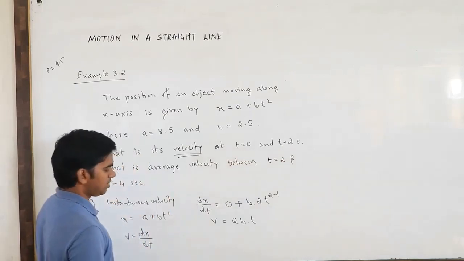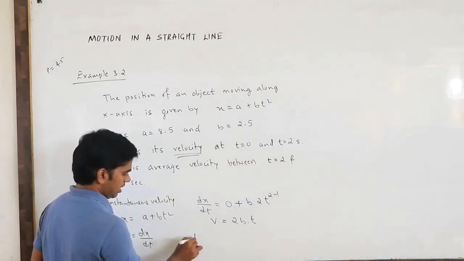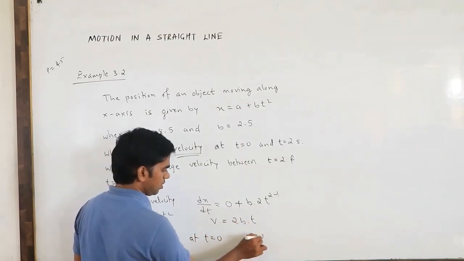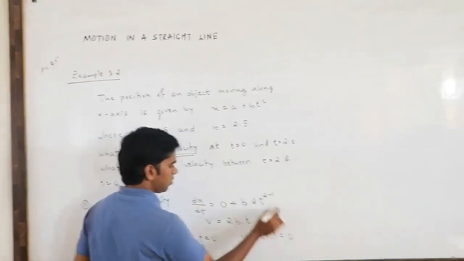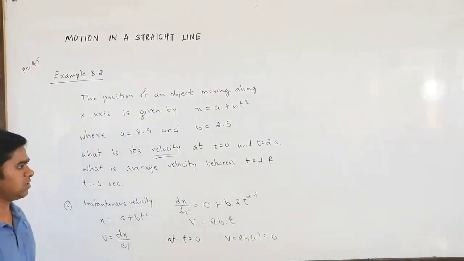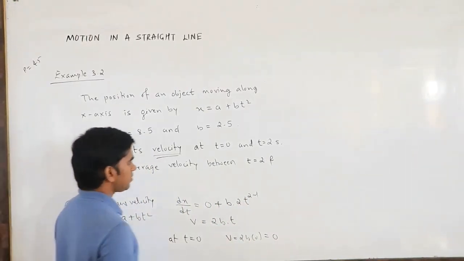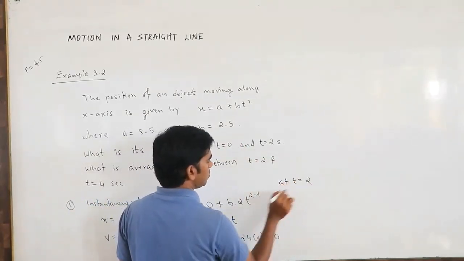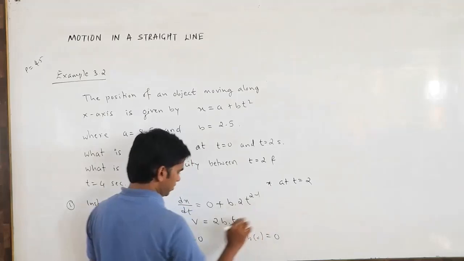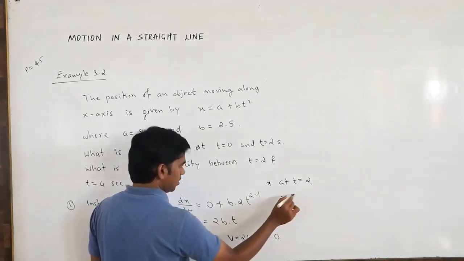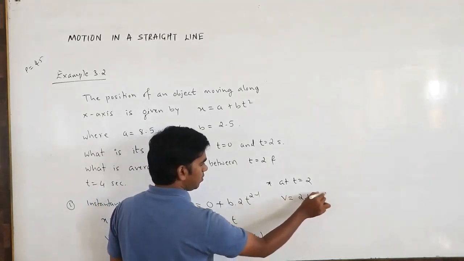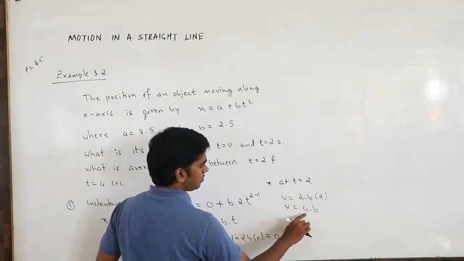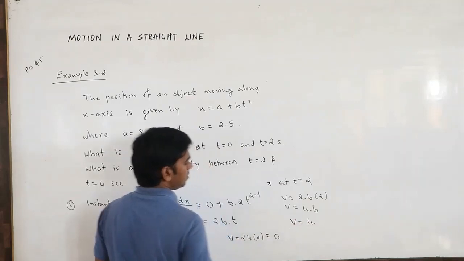So at t equals 0, substitute t as 0 here. So v equals 2b into 0, so total it will become 0. Next, at t equals 2, v equals 2b into 2, so this will become 4b.